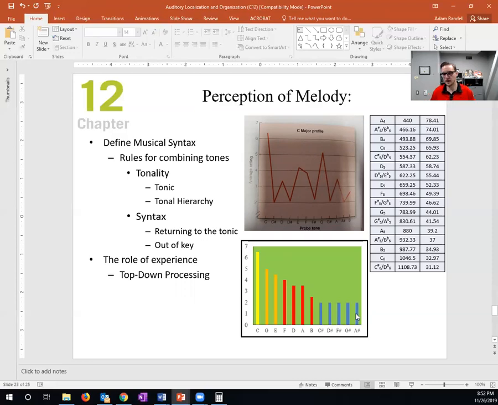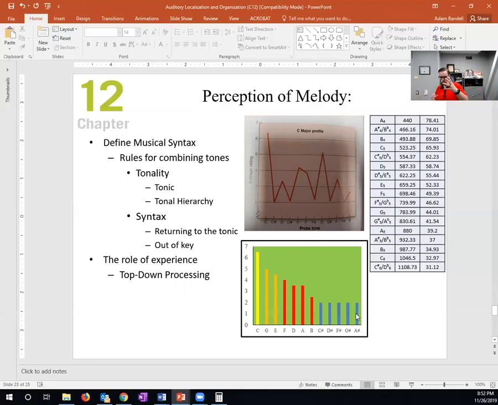In English, we have noun, verb. That's part of the syntax. Well, there's syntax to music as well. The musical syntax refers to rules for how we combine tones.